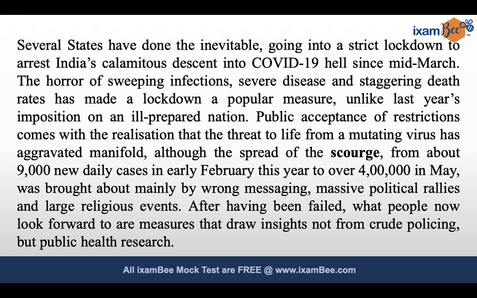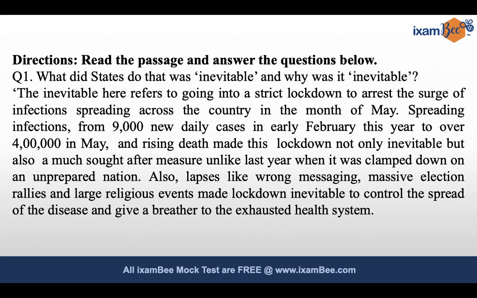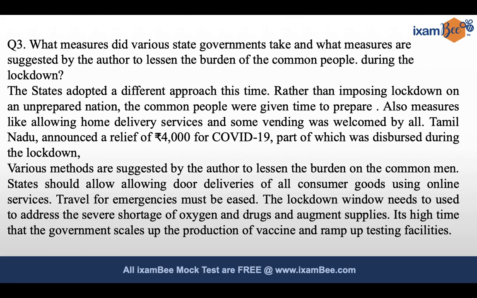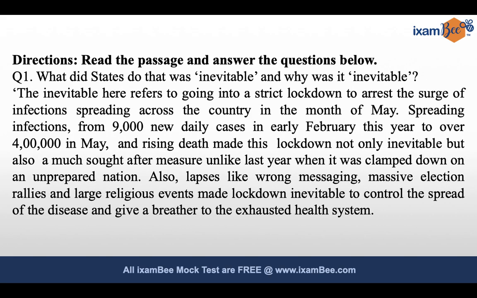So here is a passage. The passage has been divided into 3 parts for the convenience, and they are going to have some questions right after that. Okay? Now we are going to follow the reverse approach. We're going to look at the question first, and then we're going to try to identify how we can derive at the answer. Okay?